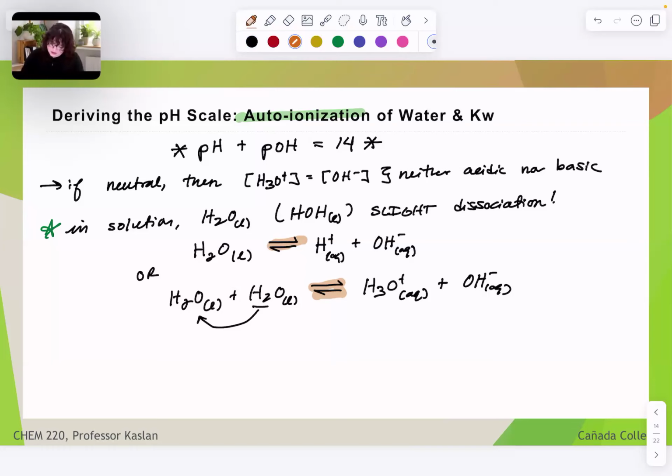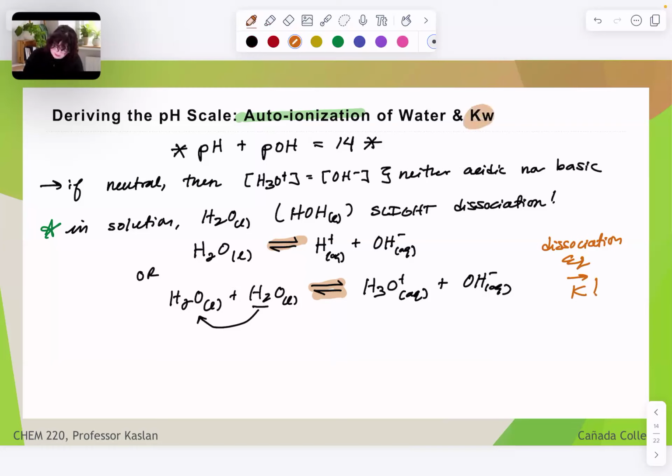Now, if we're talking about any process at equilibrium, this could be described by some K constant. And we have a name for that K constant.